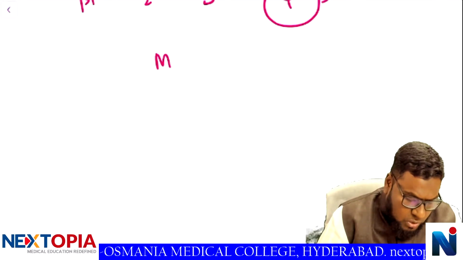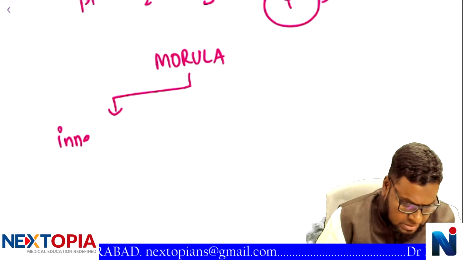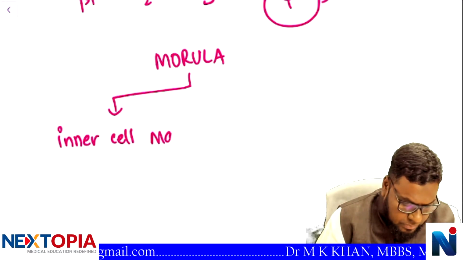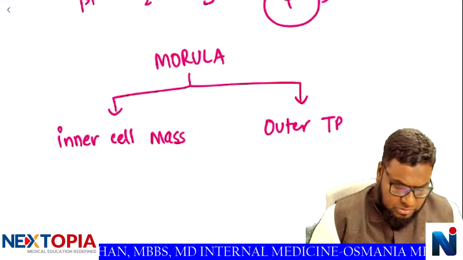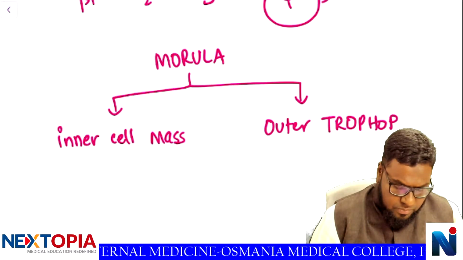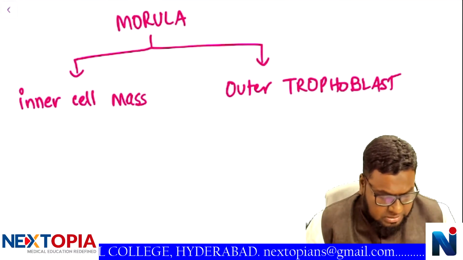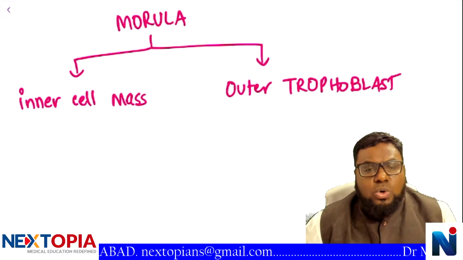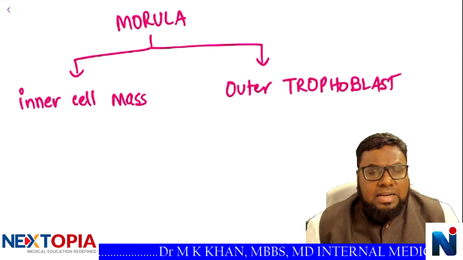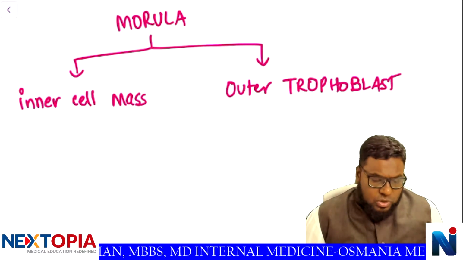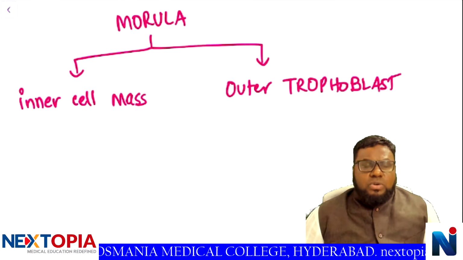So at the stage of morula, we have differentiation of the inner cell mass and the outer trophoblast cells. The outer trophoblast cells are again divided based on the type of cells. We'll discuss that shortly, but this is all about the cleavage.